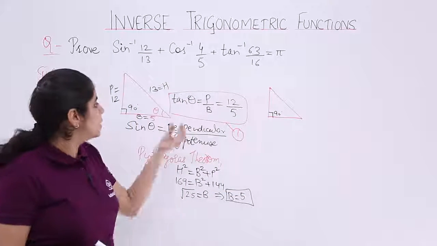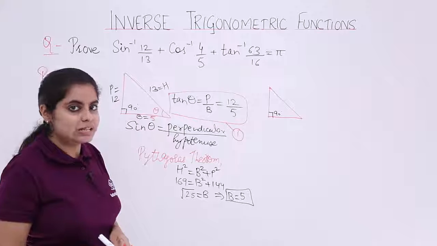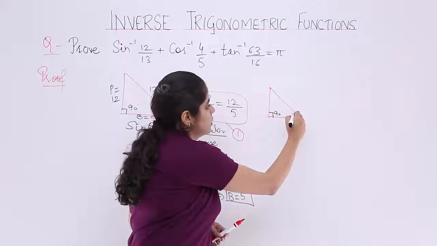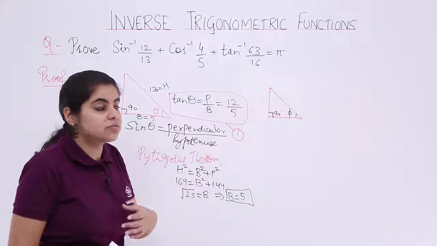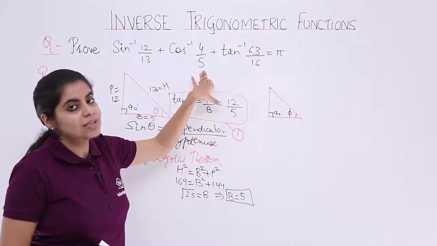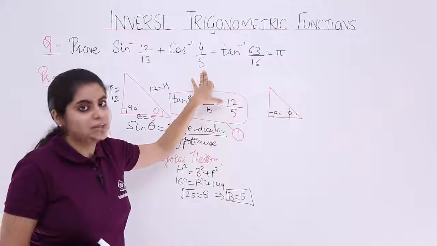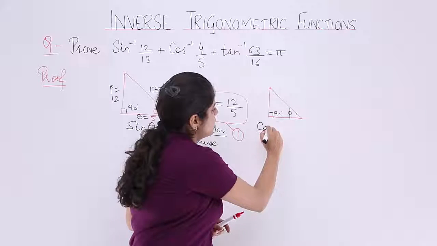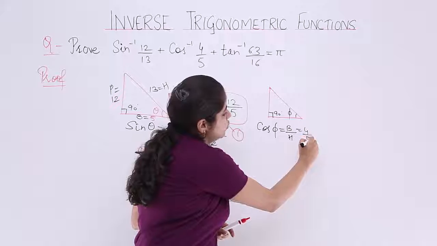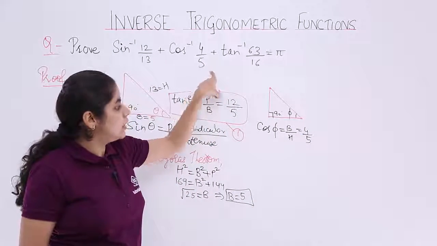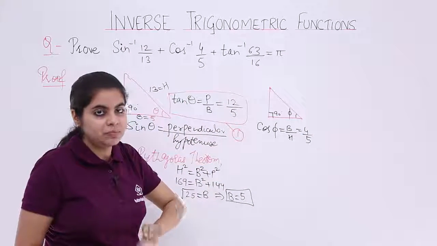One angle here is theta. Let's name the other angle as phi. So it is phi. And what is cos phi? Cos phi is given to me as 4 upon 5, which is base upon hypotenuse, right? So cos phi, which is base upon hypotenuse, is given to me as 4 upon 5. That you can clarify and clear from the question, right?